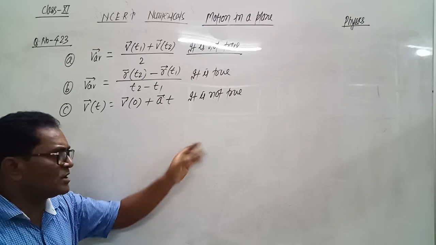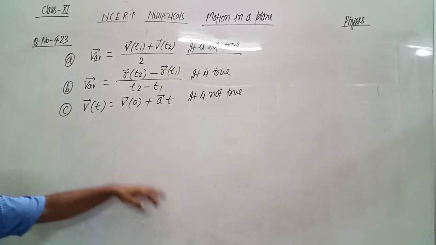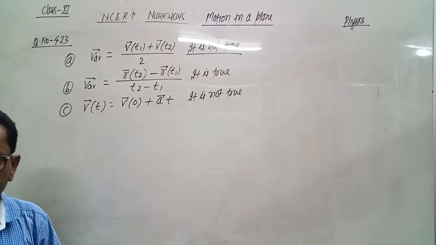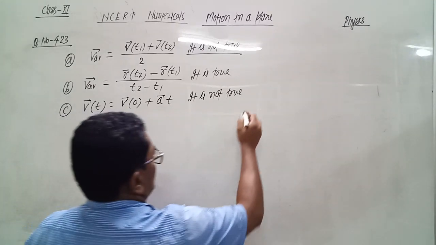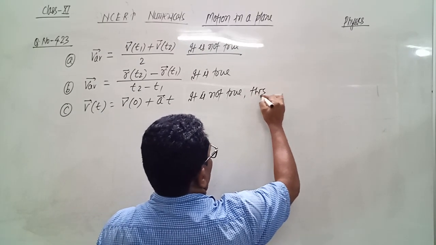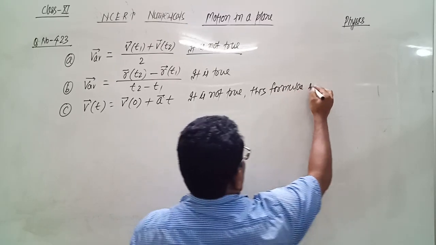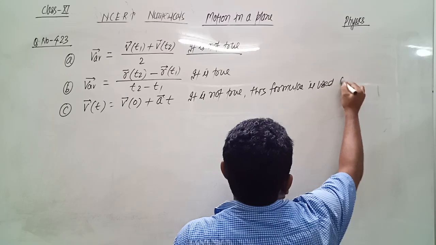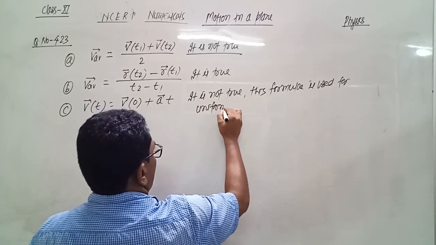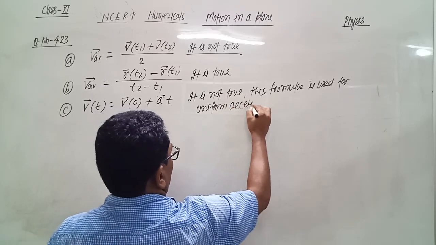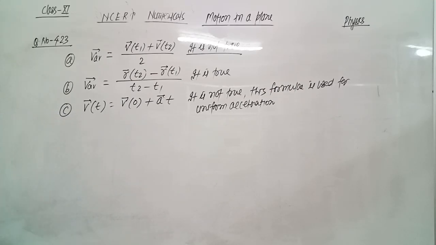This is the formula used for uniform motion or uniform acceleration, but we have been given arbitrary motion.